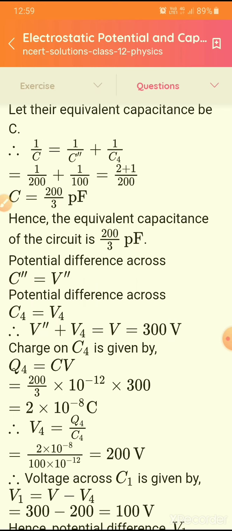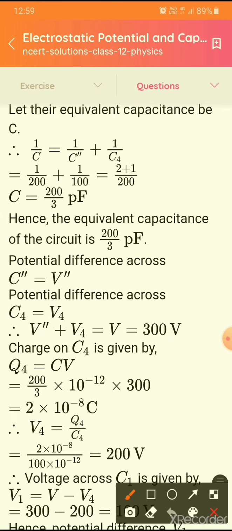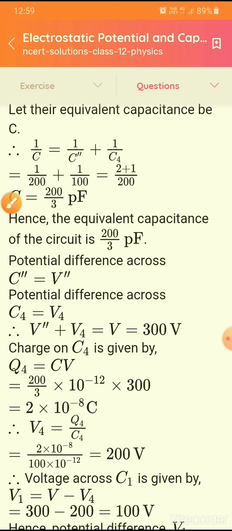If you combine these two and simplify, you will get C equal to 200 divided by 3 picofarads. Hence the equivalent capacitance of the circuit is 200 divided by 3 picofarads. The potential difference across C2 dash is V2 dash, and across C4 it is V4.